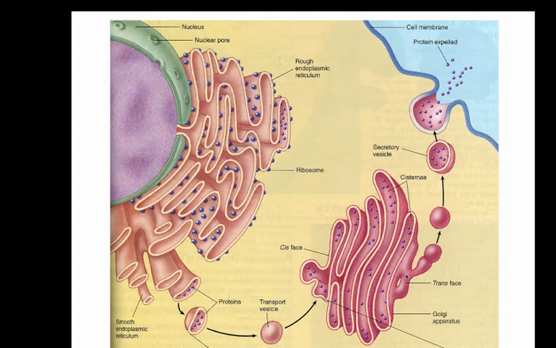And then when they get to the trans face, once they're sorted and we know they're tagged and the body knows the destination for these proteins, they bud off from this trans face. Depending on the type of protein, if it's a glycoprotein, it's modified in a way that sugar monomers are removed to produce carbs.